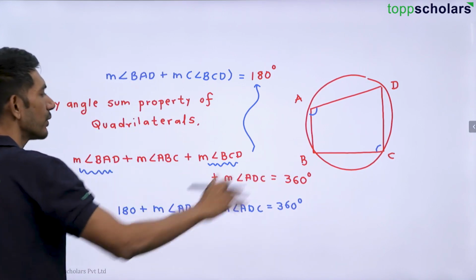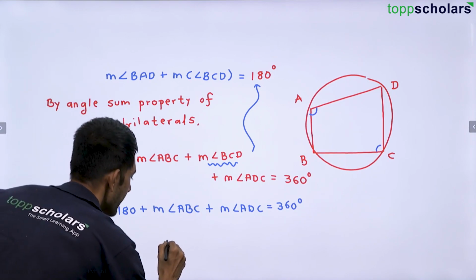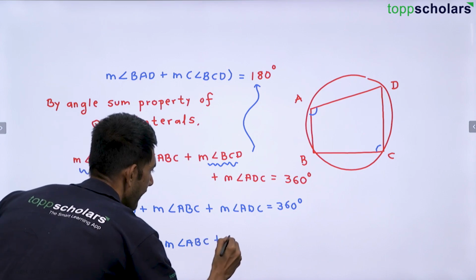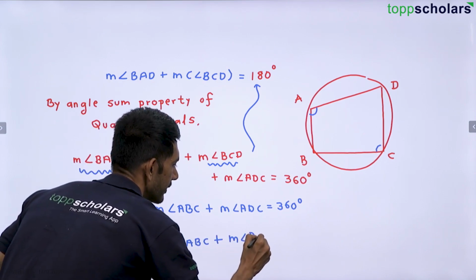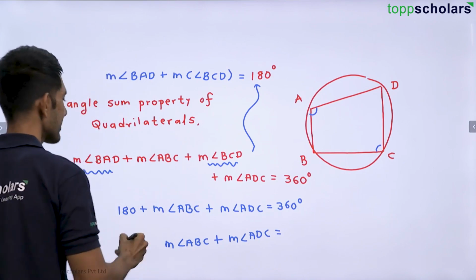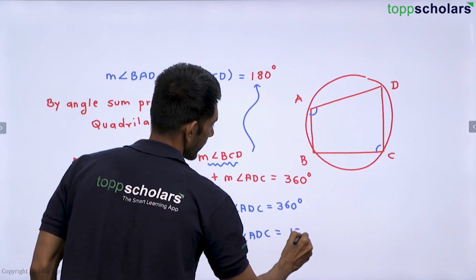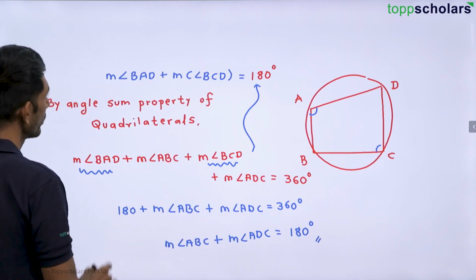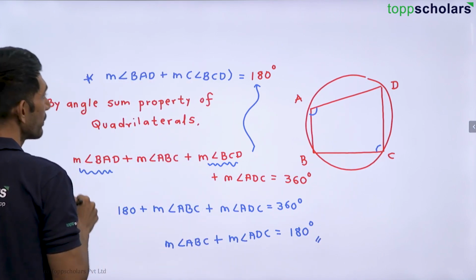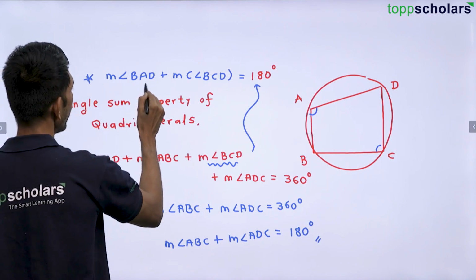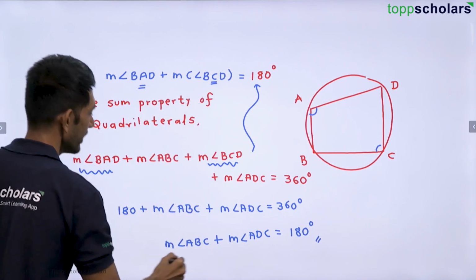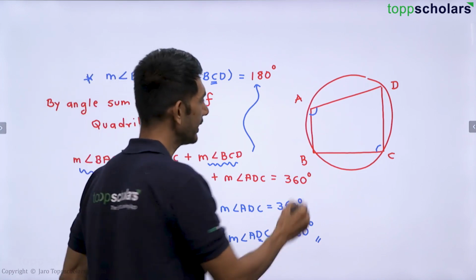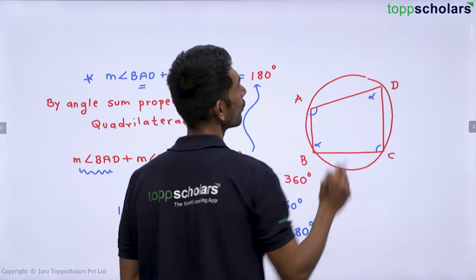So if I take 180 on the other side, can I say measure of angle ABC plus measure of angle ADC is equal to 360 minus 180, that is 180 degrees. So in both the cases here, we have proved that A plus C is 180 and B plus D is also 180.